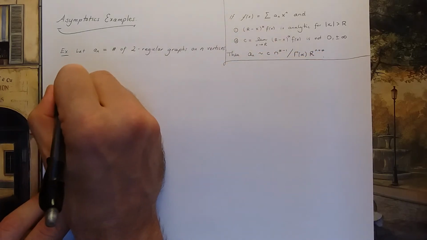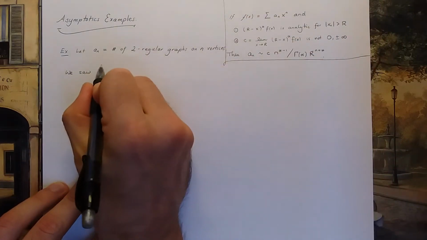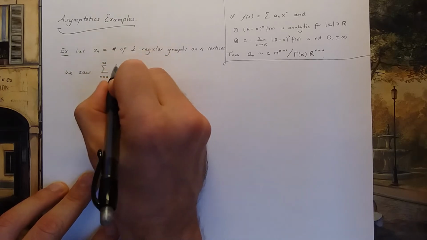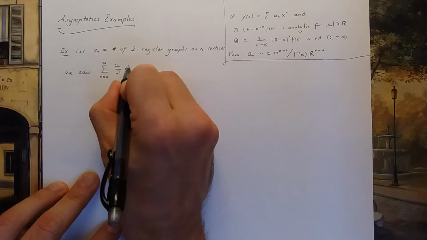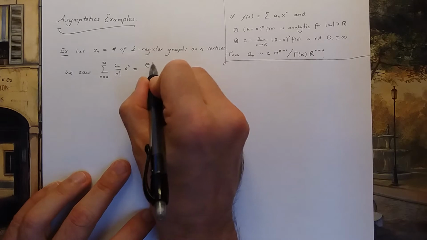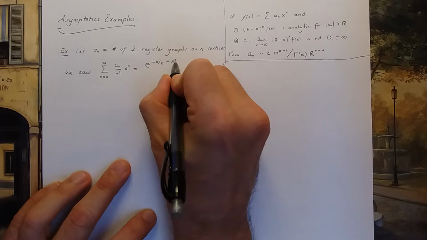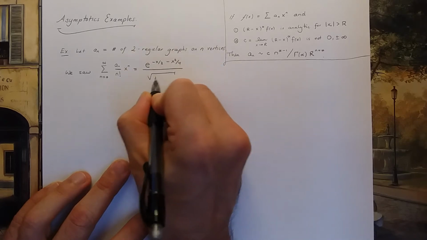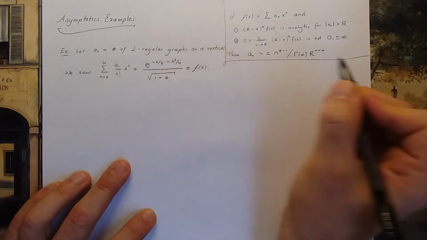We've seen, using the exponential formula, that the sum, n going from 0 to infinity, of a_n over n factorial x to the n is equal to e to the negative x over 2 minus x squared over 4 divided by the square root of 1 minus x. So let me call that function f of x.